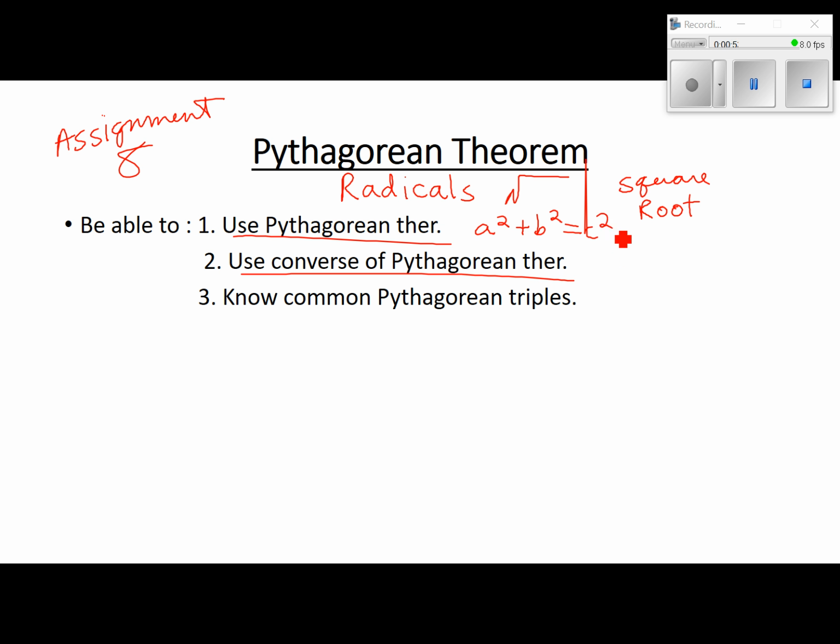All the converse of that says is that if three numbers, whatever those numbers are, fit into Pythagorean's theorem, then that triangle has to be a right triangle. And there are some common Pythagorean triples that we're going to talk about, that if you know them, it makes everything go a lot easier and you don't have to do so much math.